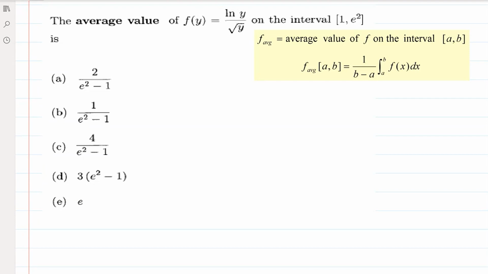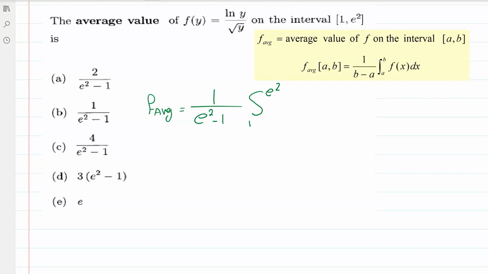Yes, I think the only way we use is integration by parts. So the average value here will be 1 over b minus a, which is e squared minus 1. Exactly, 1 over e squared minus 1 multiplied by the integral from 1 to e squared of the function.